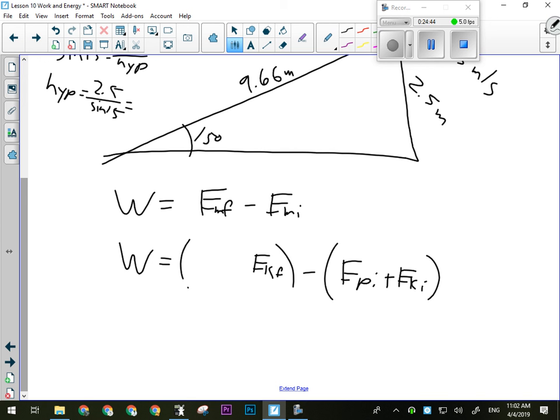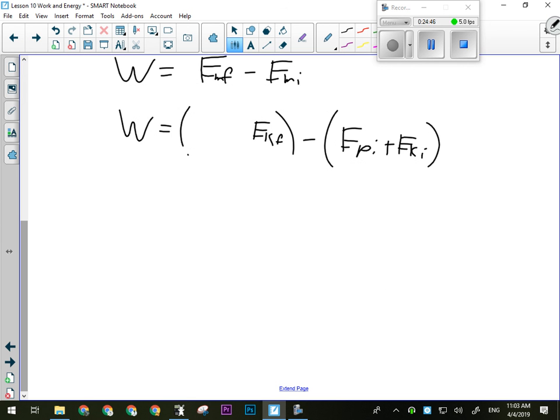Bring it over by adding it to the other side. So I'm going to have my work plus EP initial plus EK initial, and that's going to equal my final kinetic energy. In other words, the work plus the initial energy equals the final energy.